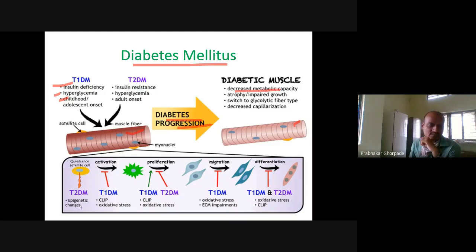Type 2 diabetes mellitus can have epigenetic changes and quiescent satellite cells, so these cells can be quiescent. Activation of type M clip and oxidative stress can be there. These things, oxidative stress and all, can sometimes cause diabetes mellitus. Extracellular membrane impairment can also be there.